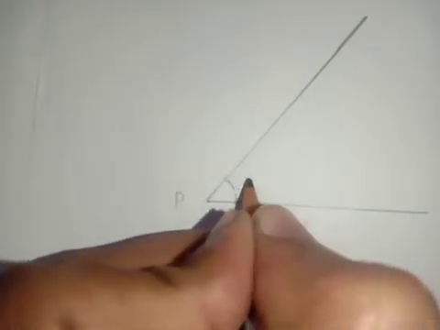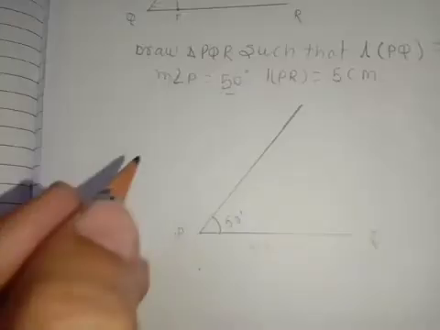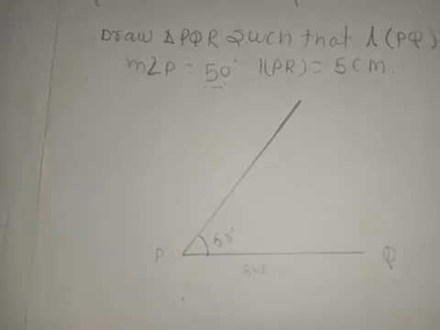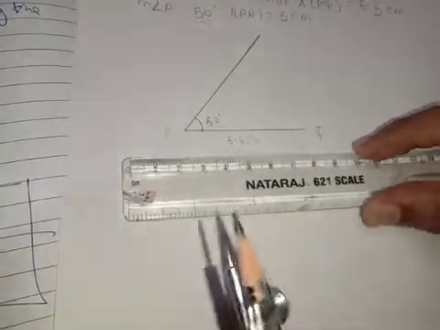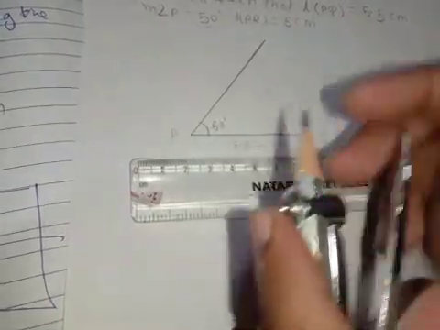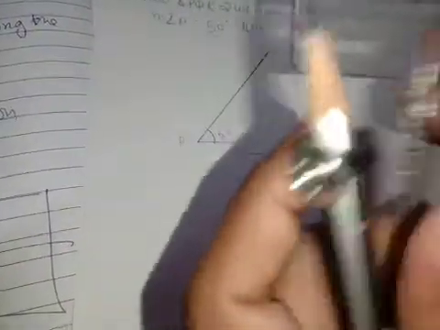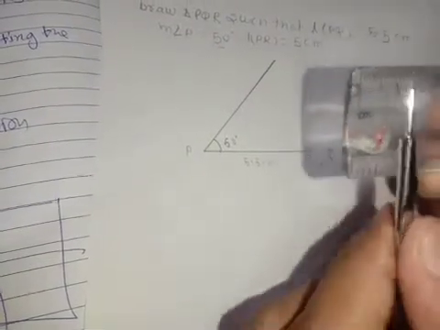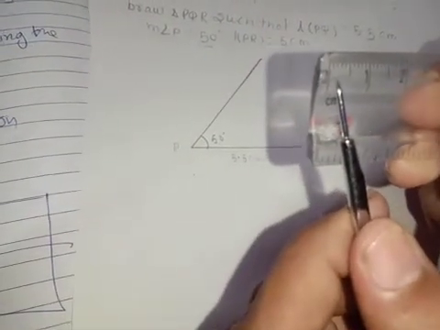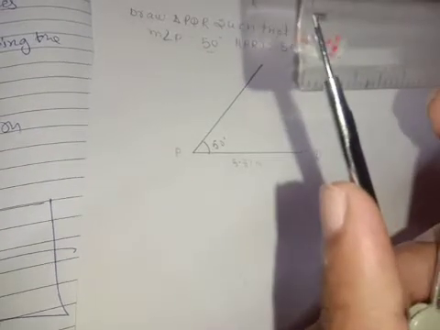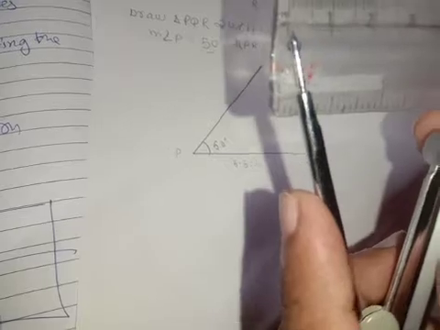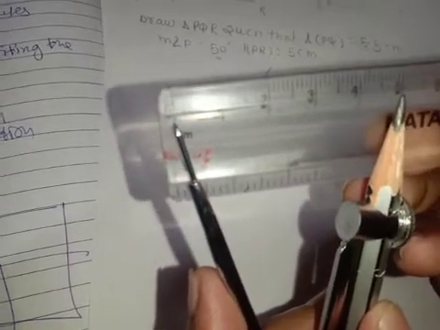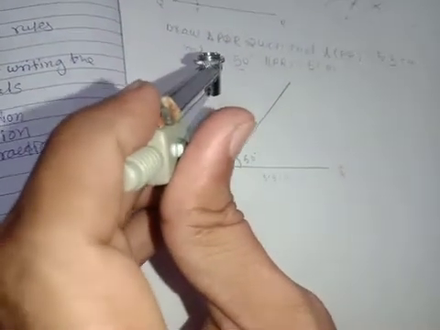Angle P is a 50 degree angle, and the last is length PR equal to 5 cm. We will measure PR using a ruler and compass. Let's measure 5 centimeters. Let's place the needle on point P and make an arc here.